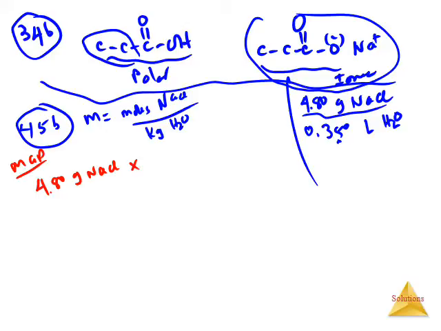Times 1 mole sodium chloride divided by the mass of sodium and the mass of Cl. The mass of sodium is about 23, and chlorine is 35.5.